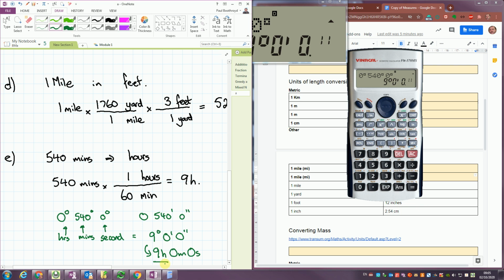Okay, so there, that's converting time using the calculator and using fractions. Fractions for this are lovely. It takes a lot of the thinking out if you apply it. There you go.